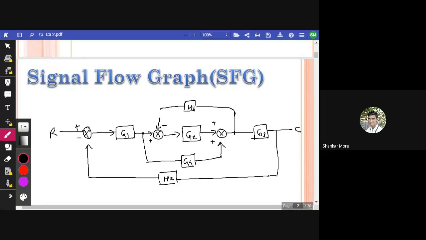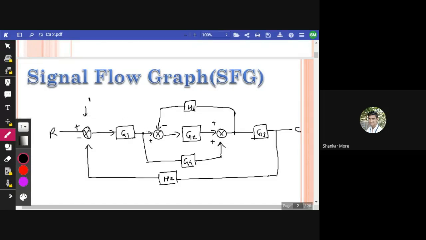To draw a signal flow graph, first of all we have to define how many nodes there will be. There are certain rules to define nodes. The first node will be this, that is R. The second node is a summing point, so it will be the second node.